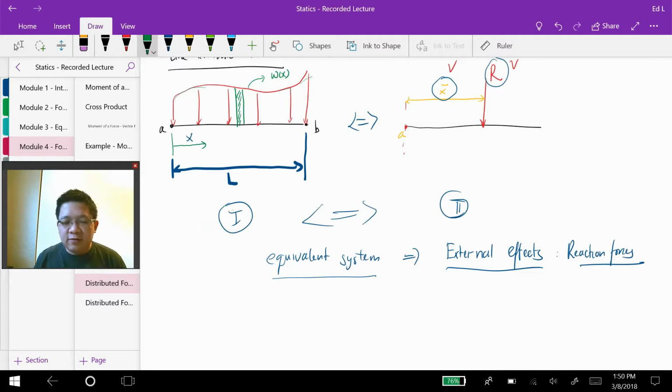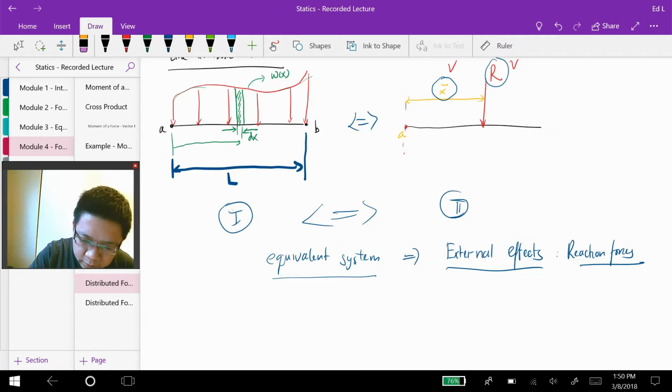If I take a section right there and call its width dx, and the distance from point A to this section is x, I can calculate dR, which is the resultant of this small section, as w(x) times dx.